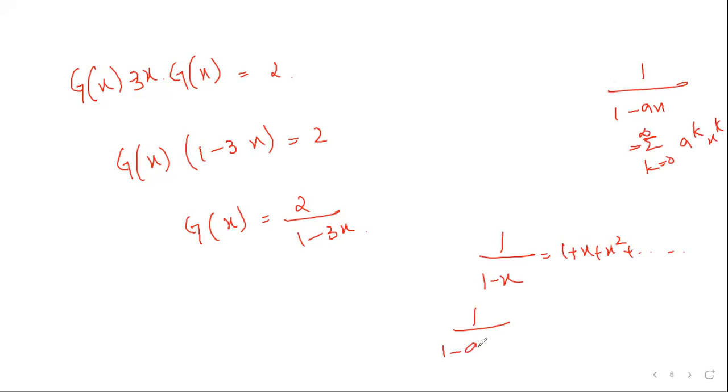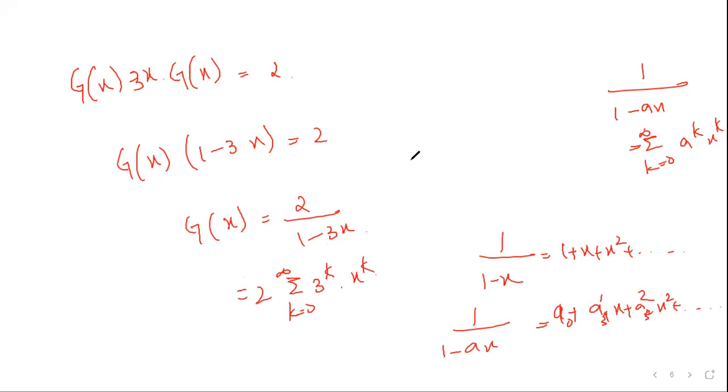So 1 by 1 minus ax is equal to 1 plus ax plus a square x square and so on up to infinity. So similarly, 1 by 1 minus 3x will be equal to sigma k is equal to 0 to infinity 3 power k. The coefficient instead of this a, we have 3. So 3 power k into x power k.